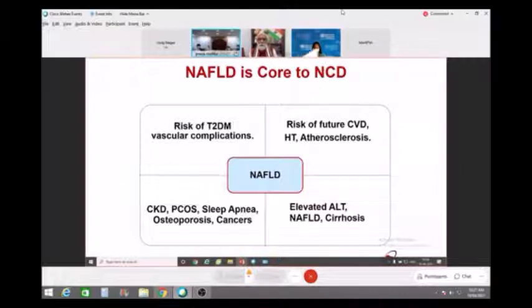I have not given you details of the polycystic ovary in young girls, sleep apnea, the thinning of your bone, stress. All cancers, prostate, breast, are about 1.5 to 2 times more in fatty liver. And of course, it leads to liver cirrhosis. And liver cancer is now the second common cause of cancer deaths in the world.